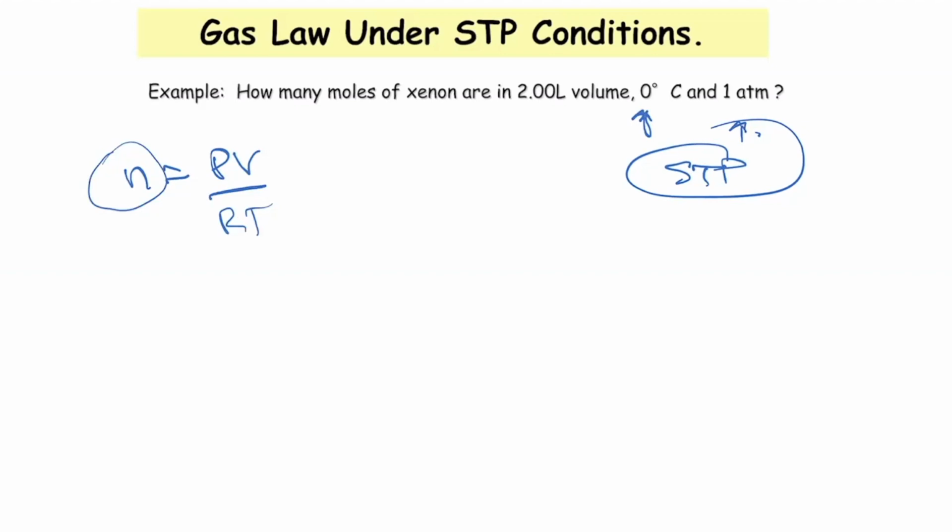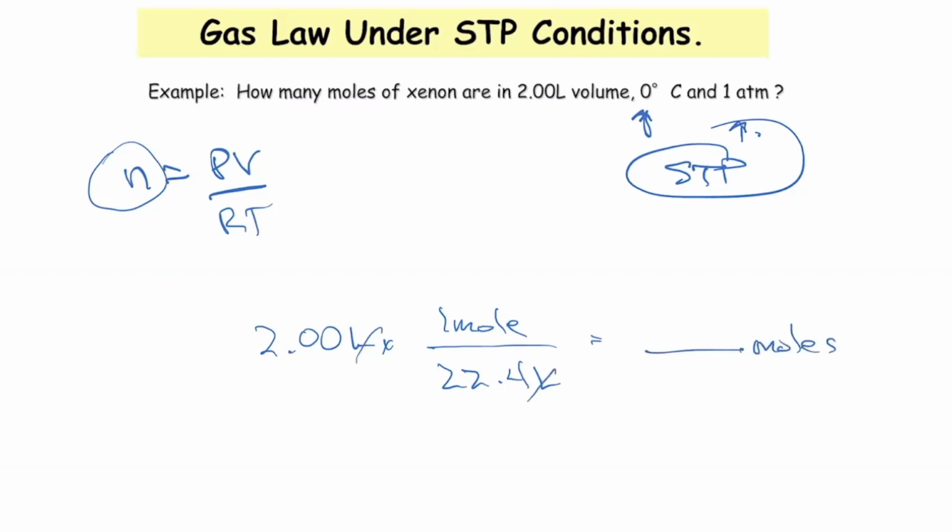We've got 2 liters, and I know that at STP, for every 1 mole of gas, I have 22.4 liters. Now I can calculate the moles.